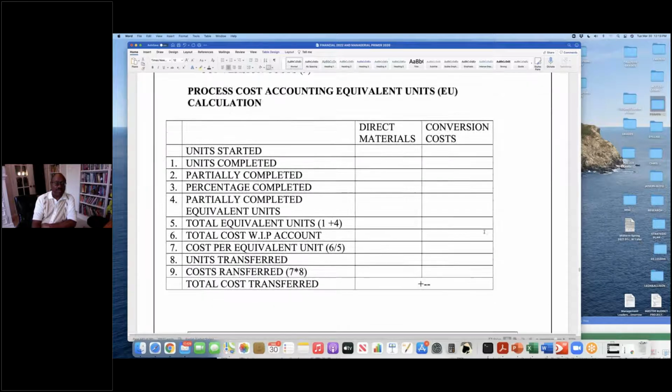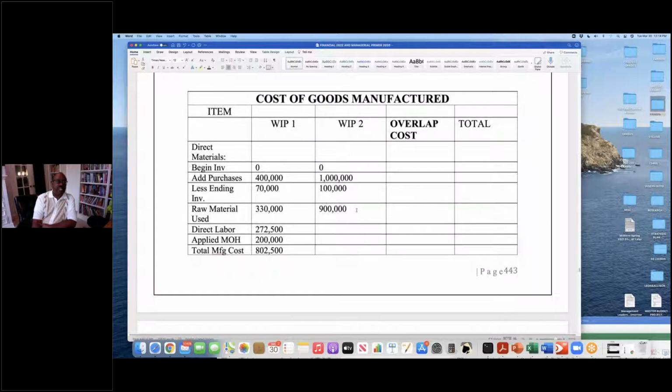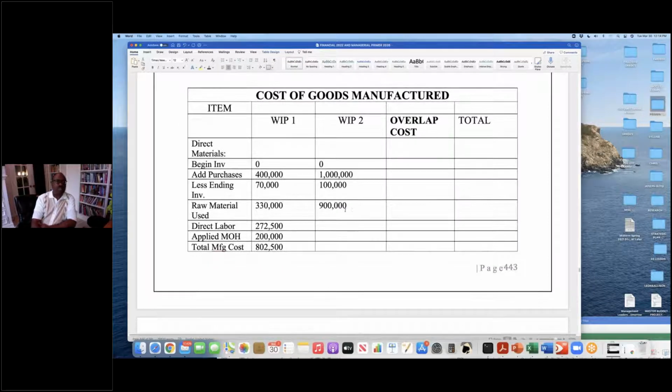Well, if that's the case, then why didn't we put the 750 in the beginning inventory? Because that clearly was beginning. I guess we could. It doesn't matter. You could put it there if you wanted to, but we'll just leave it like this. You can put it wherever you want, just so your raw materials used is 900,000.